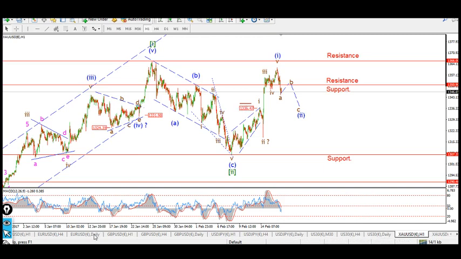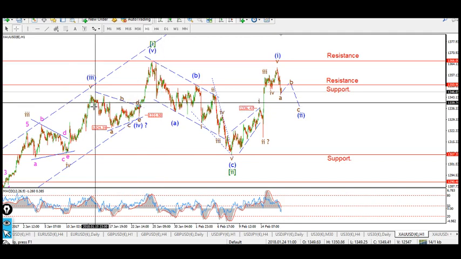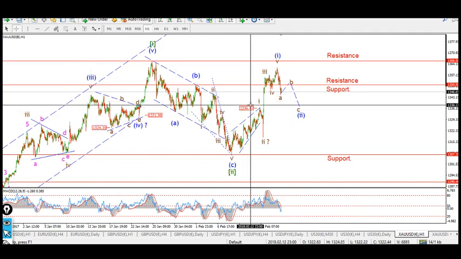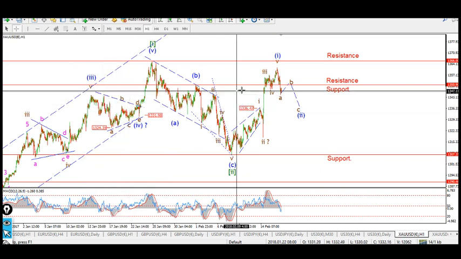Looking at 1336 there as initial support. That would be the high of that internal wave 1, and it looks like a nice level in general because we have this cluster of previous shoulders, support resistance levels internally within the price.